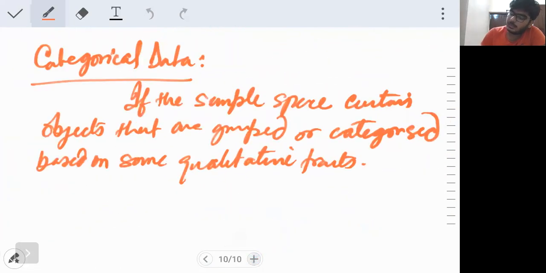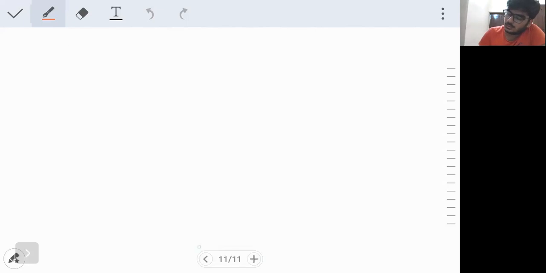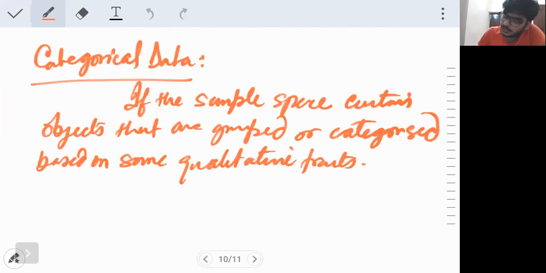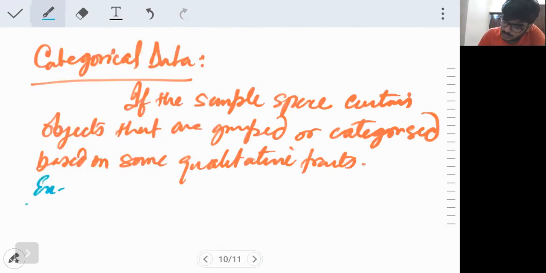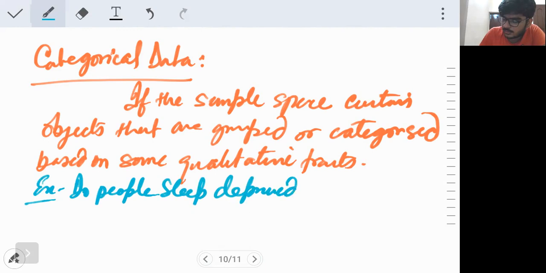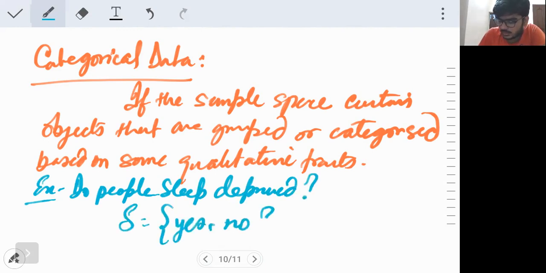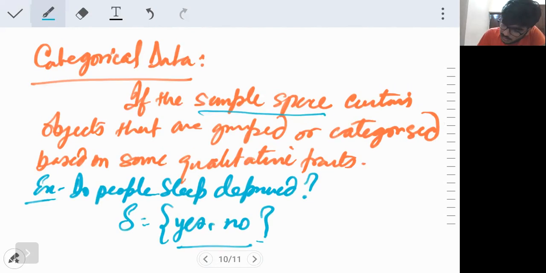Our answer will be either yes or no. So in this case, the sample space has been categorized into two groups, a yes group and a no group.